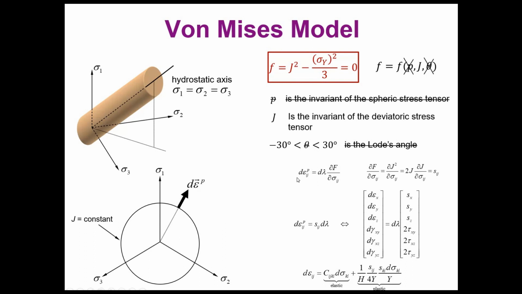But basically in here you have an increment of the plastic deformation that is calculated through this increment of this parameter lambda, and the partial derivative of the surface that defines the yield surface, which is a function of the stress tensor, basically. Operating this, you can find the expression for this derivative, and finally you have the plastic deformation in terms of the deviatoric stress tensor multiplied by this differential of lambda, a parameter you have to define.